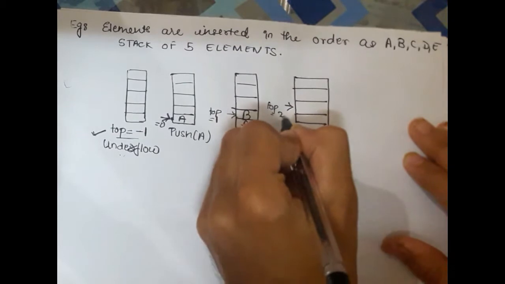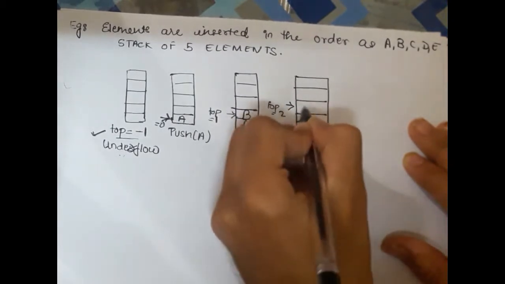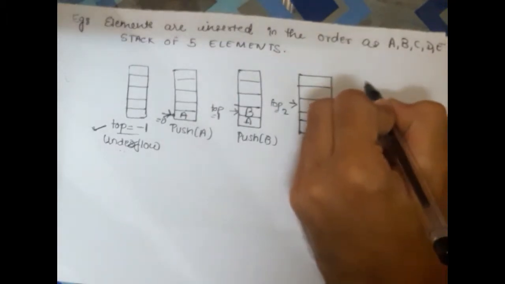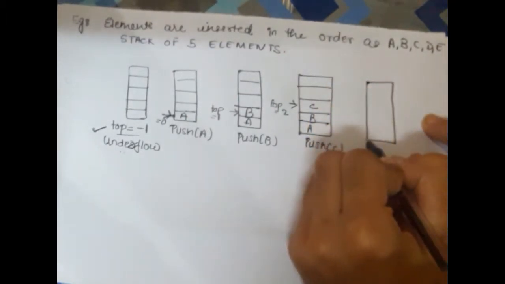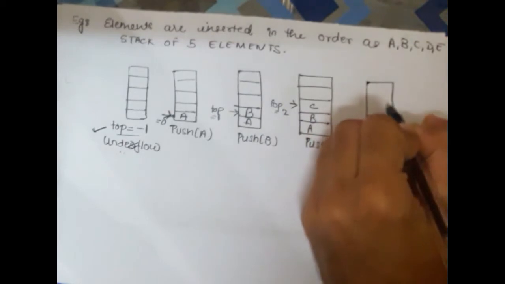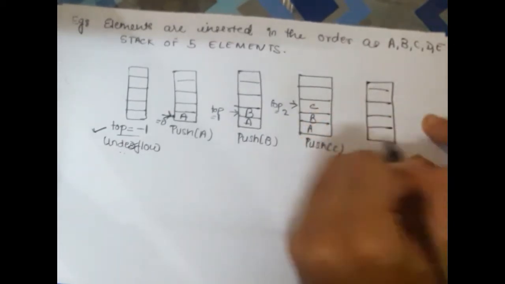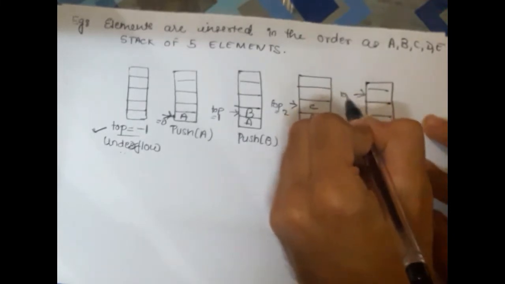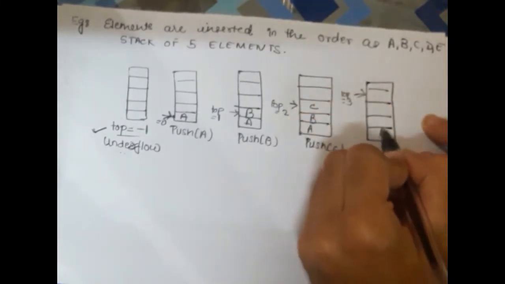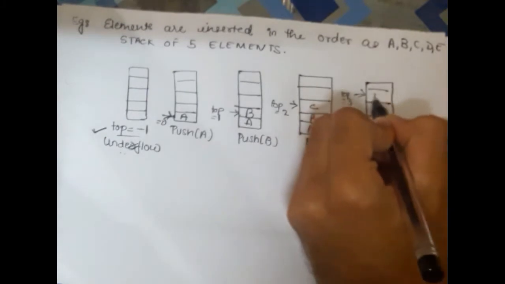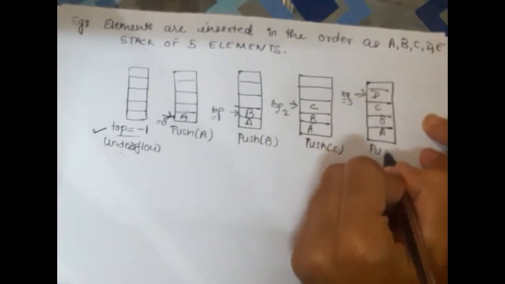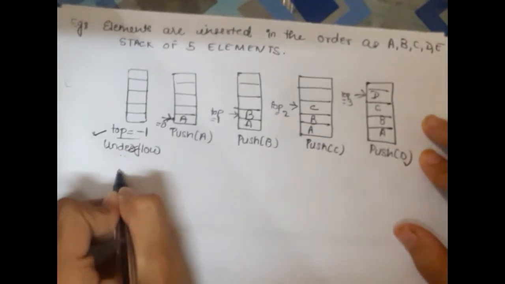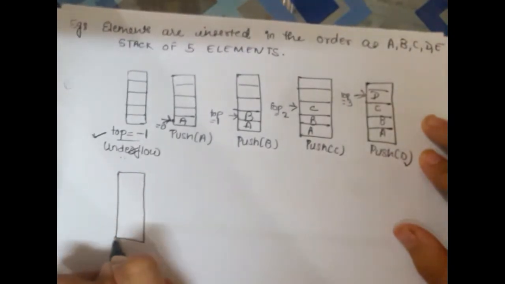Top will be at 2, element C. Now top will be at 3. Again, top will be incremented.